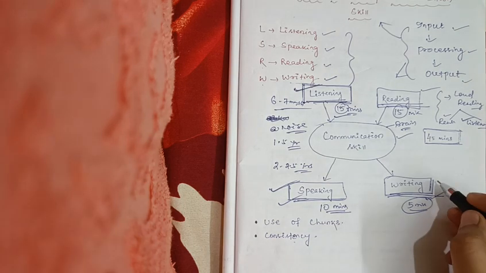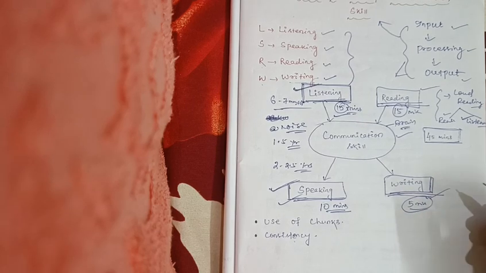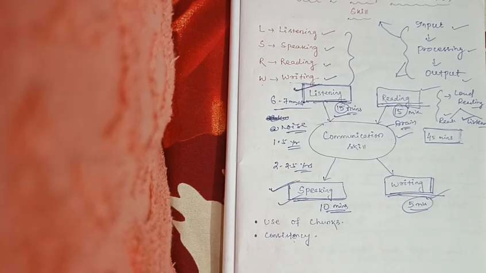So what will happen, whenever we write, we will be able to find our own mistakes, where we are making mistakes, whether it's a grammatical mistake, whether my spelling is incorrect. Various kinds of mistakes we will be able to find on our own, because regularly we are listening and reading, we are developing our knowledge.